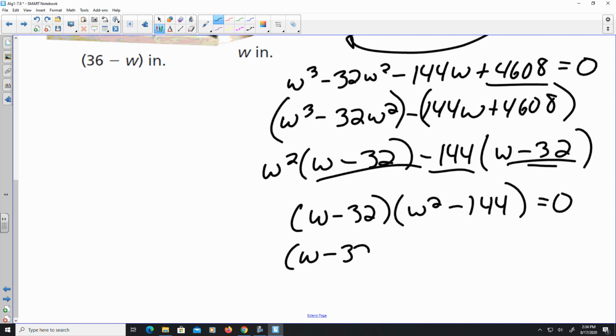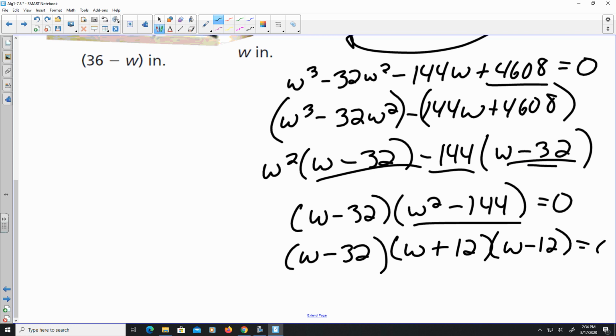That's fine. This, on the other hand, is a difference of squares pattern. So I can say that this is W plus 12, because the square root of 144 is 12, and W minus 12, set equal to 0. Here I can say that W equals 32, W equals negative 12, and W equals a positive 12.